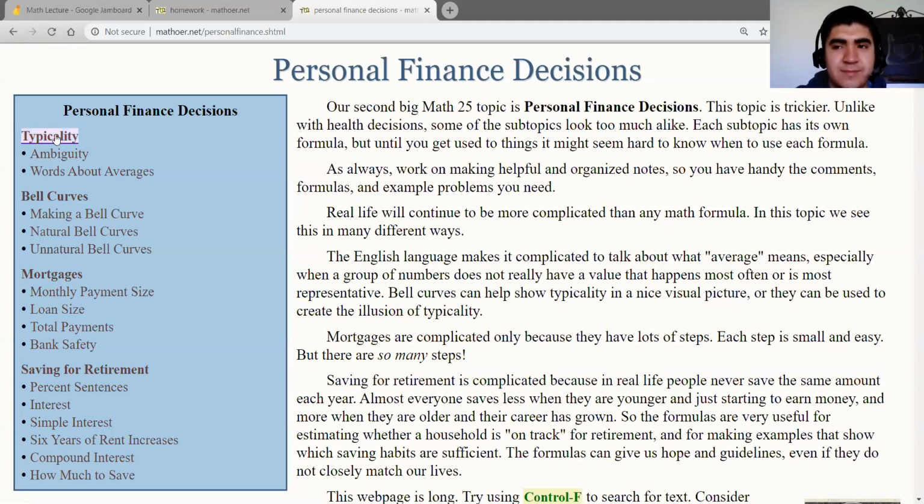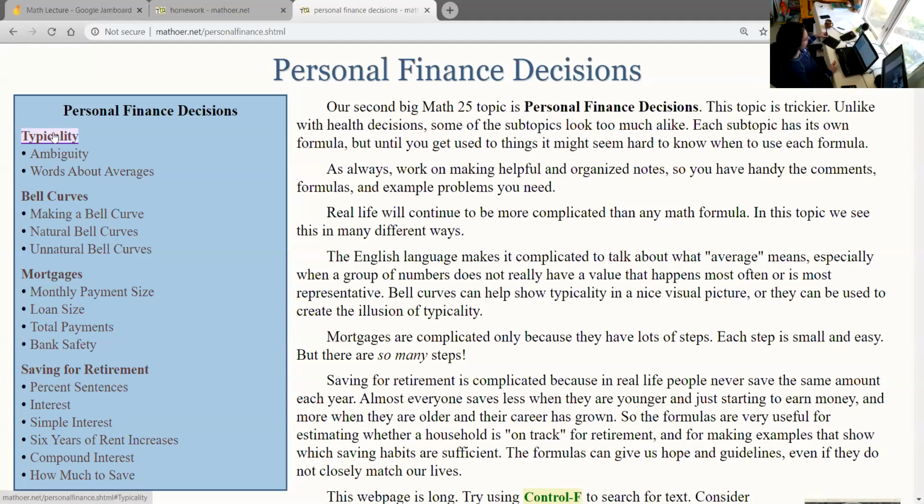Yes. Okay, so typicality. What do we mean by a typical person or a typical family or a typical retirement plan? And the words about averages. And then the bell curves, what they're good for. So mortgages, we really talk about money. How big a mortgage can you afford and what happened to banks? Why there was a crisis. And then saving for retirement.